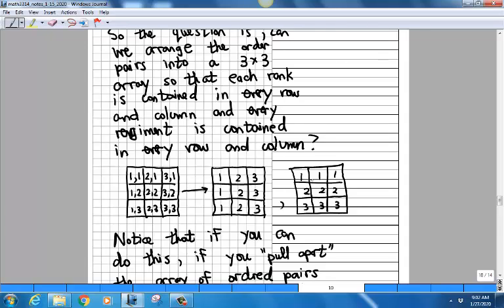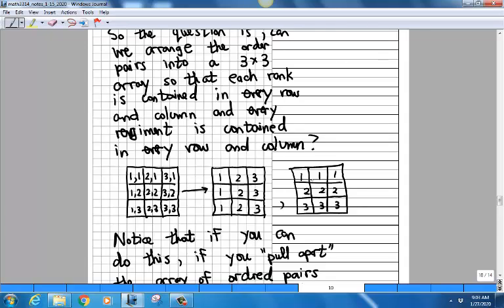Notice that in a solution to the problem, what should these two squares end up being? Those should be Latin squares, that's right.